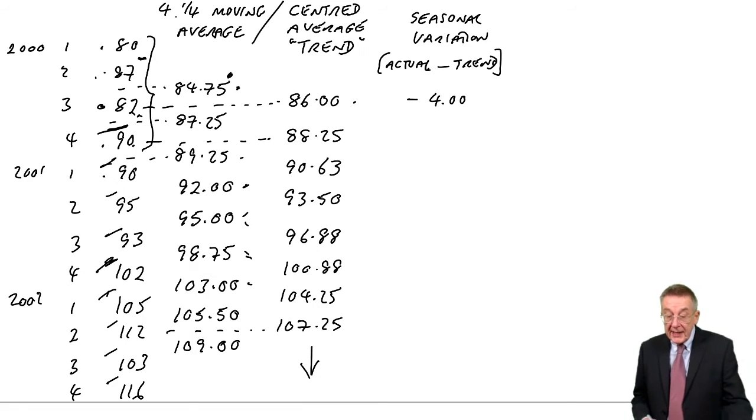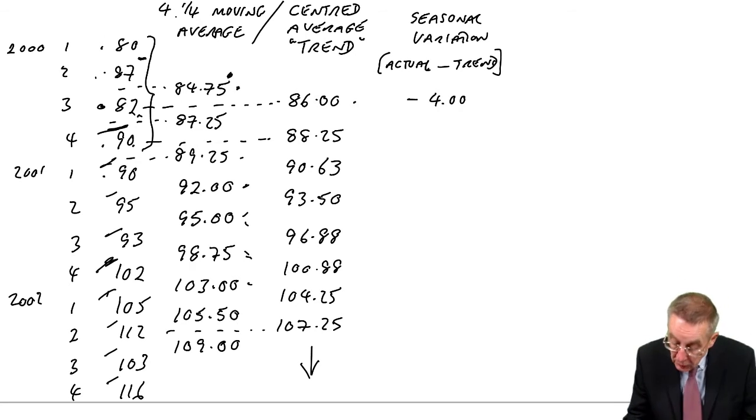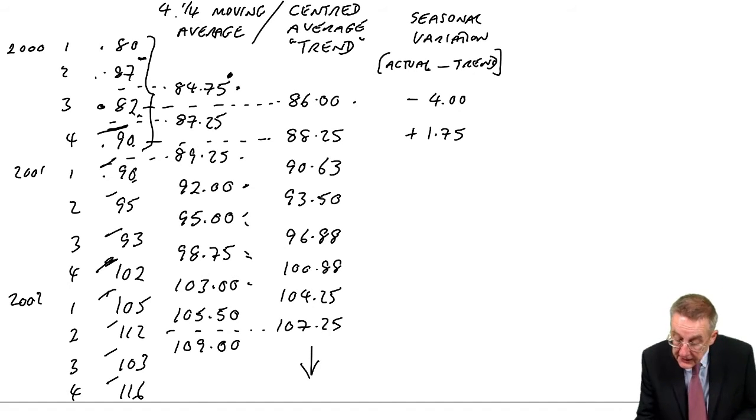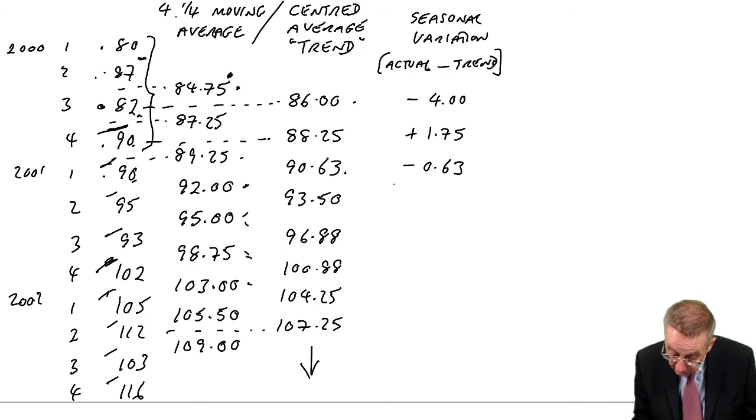Quarter 4, we were 90 against 88.25. So we were up 1.75. Quarter 1, 90 against 90.63. We're down 0.63. Next one, 95 and 93.5. We're up 1.5.